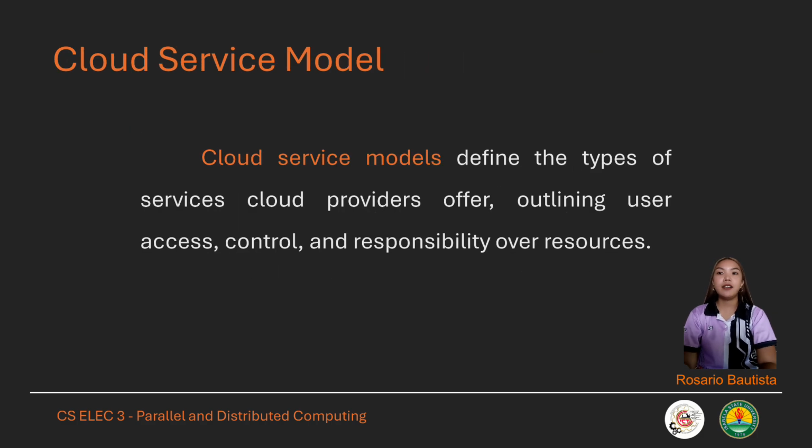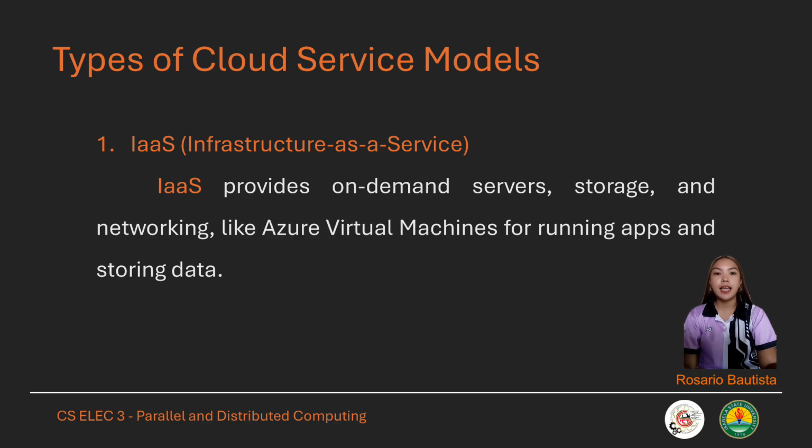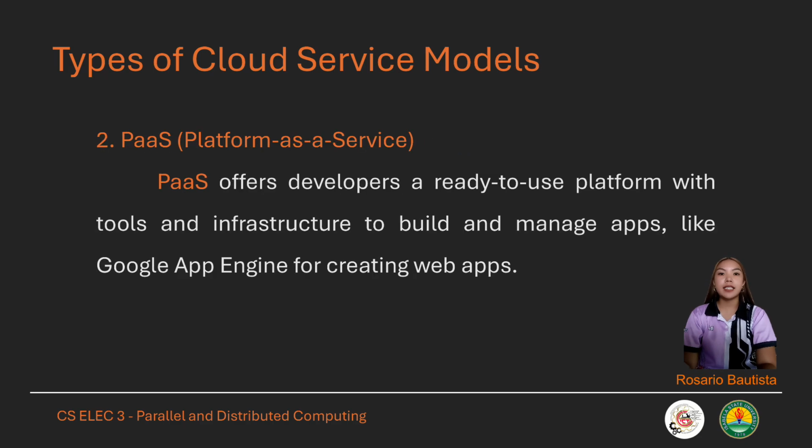Next, service models. This refers to what type of cloud service is offered. The first one is IaaS, or Infrastructure as a Service. This gives access to computing resources like servers and storage. Next is PaaS, or Platform as a Service.